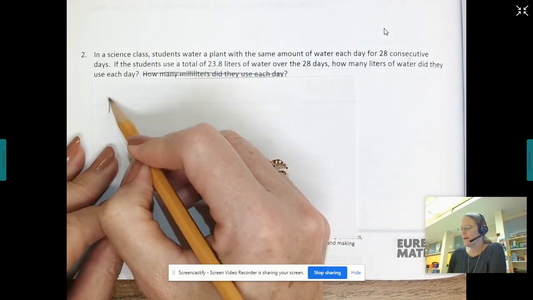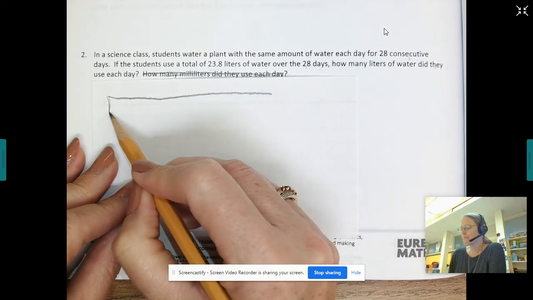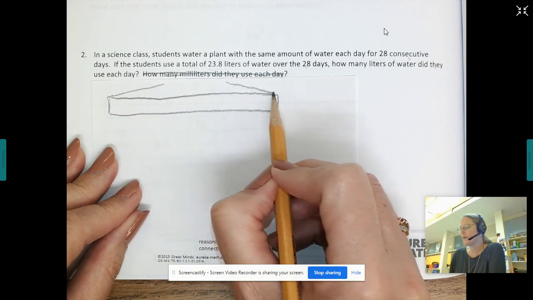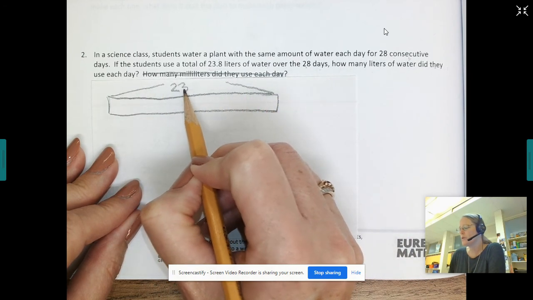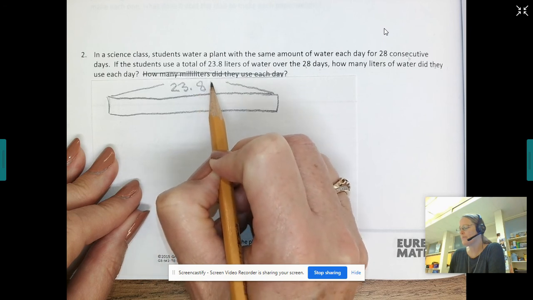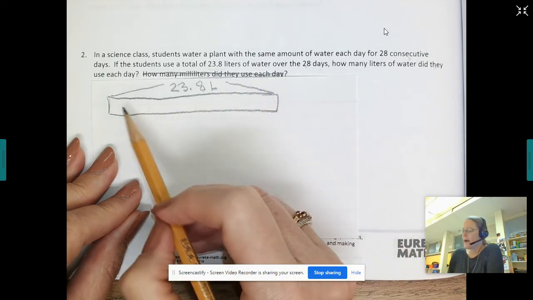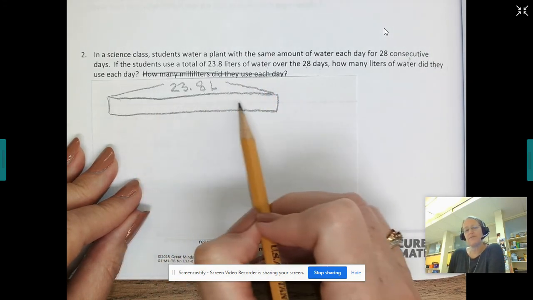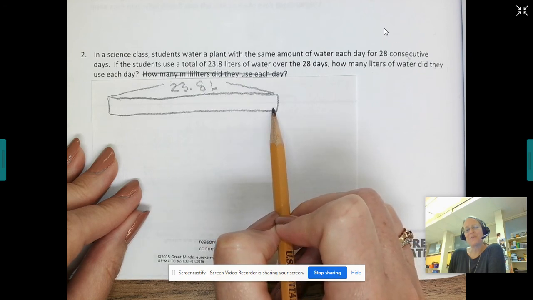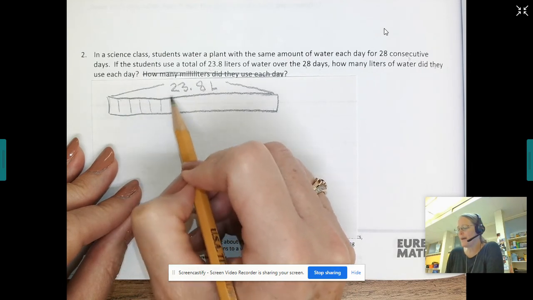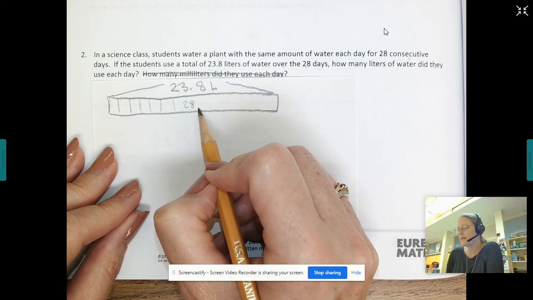So if I have a tape diagram and I have a total amount of water that I'm going to use to water that plant, 23 and 8/10 liters, how do you think I would divide my tape diagram? Yeah, into 28 equal parts, or equal sections. So we're going to split that into 28 parts.